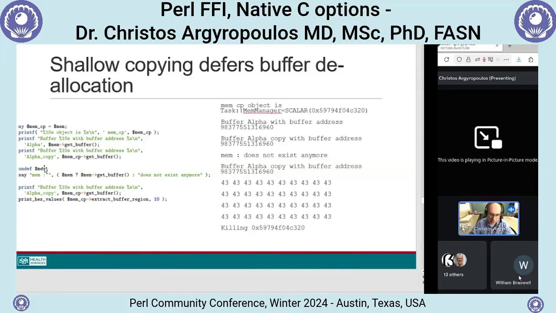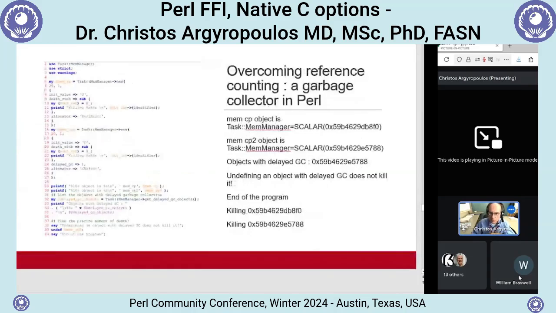That's an example of how Perl's reference counting allows shallow copying of memory buffers to persist throughout the program. This is a recapitulation of what Perl does with memory in its own variables, but it's very easy to implement this in Task Manager.